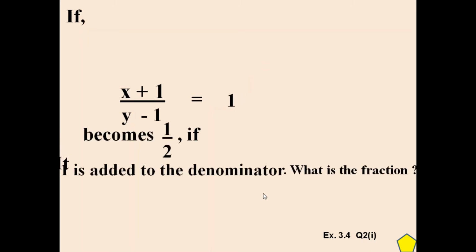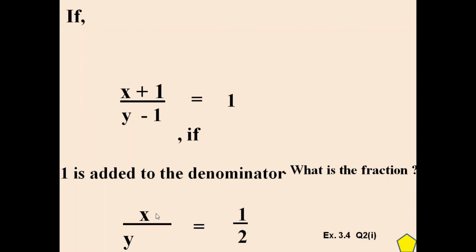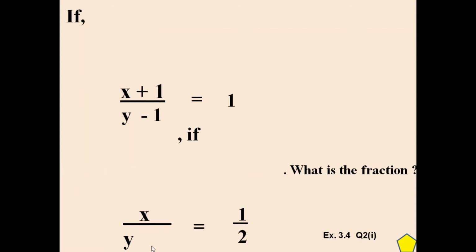The second part of the same question: the word it here is translated as x upon y, becomes means equal to, and whatever is after becomes comes after equal to. The condition is if 1 is added to the denominator. So we will add 1 only to the denominator here. So this is the first equation and this is the second equation.